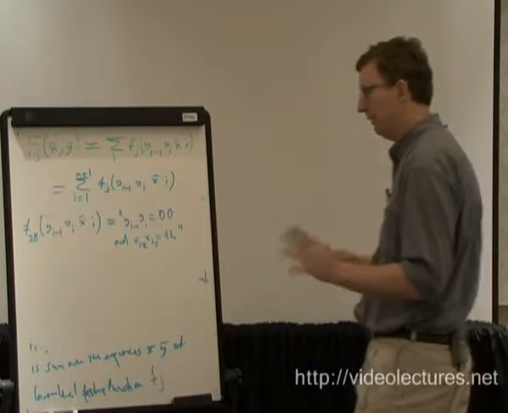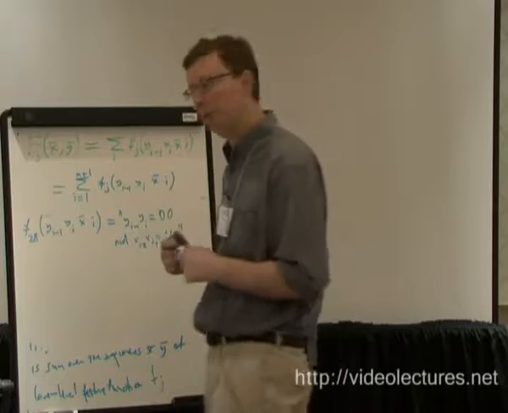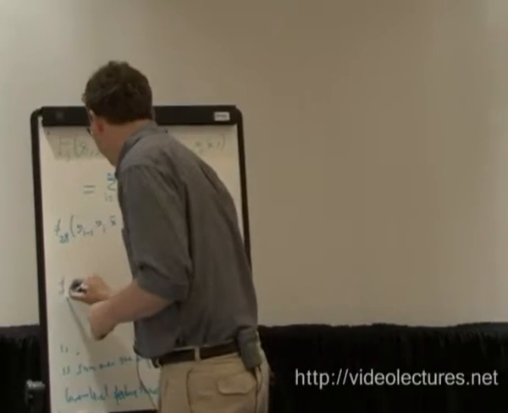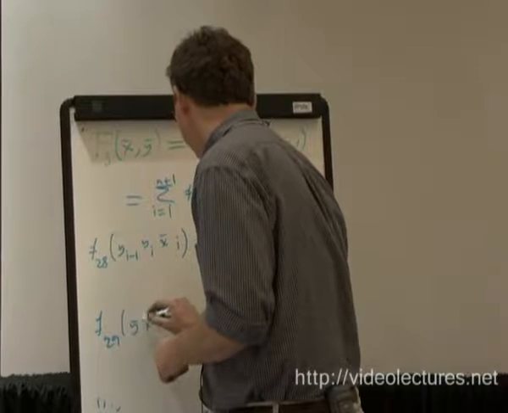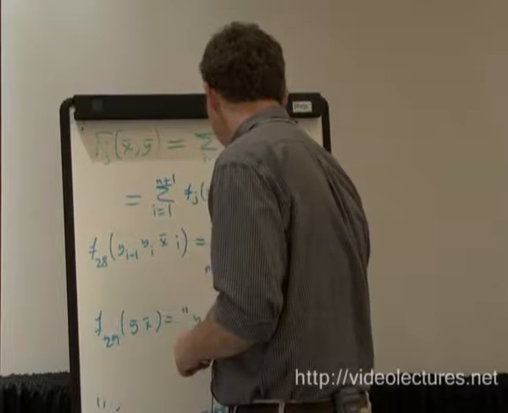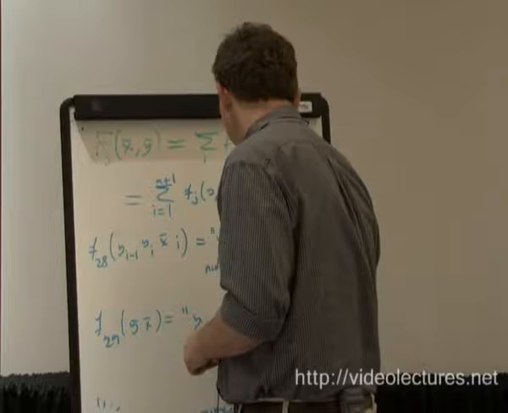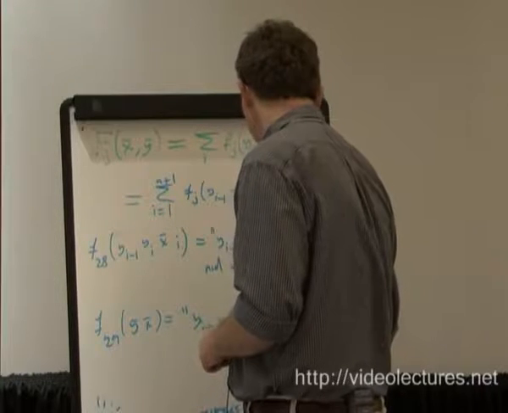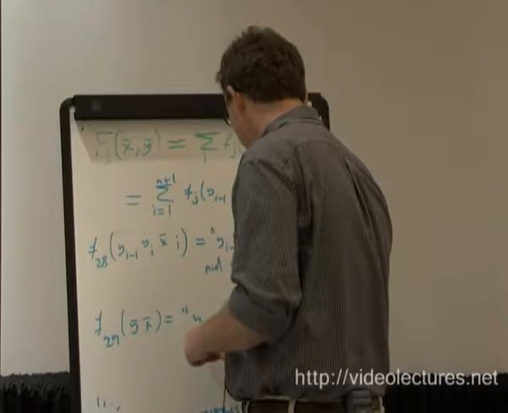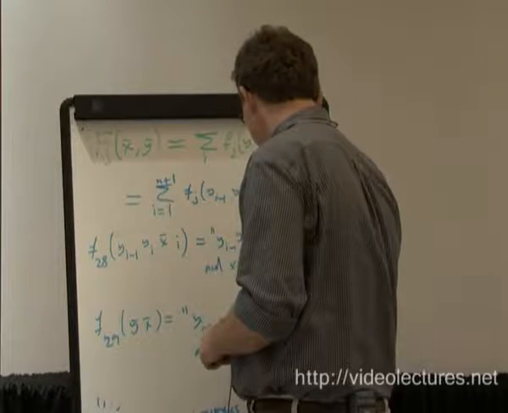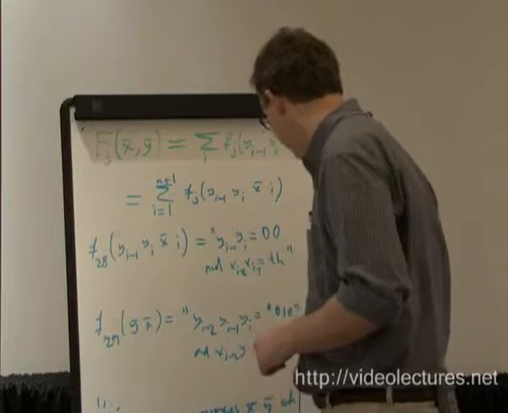And here's an example of something that would not be allowed. F29 of y bar, x bar equals yi minus 2, yi minus 1, yi equals 0, 1, 0, and xi minus 2.